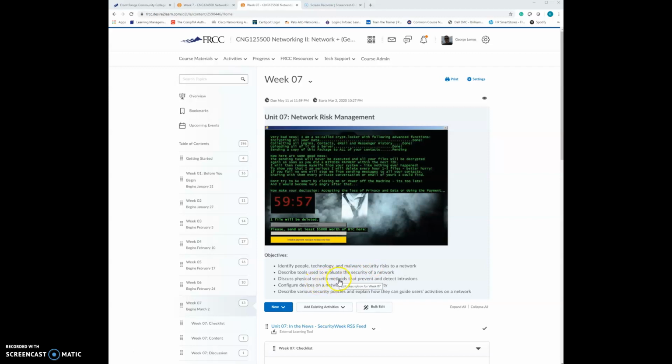Discuss physical security methods. We can touch on access points, hiding access points, putting switches in telecom closets. If you've been to a campus, you probably have never seen a switch.